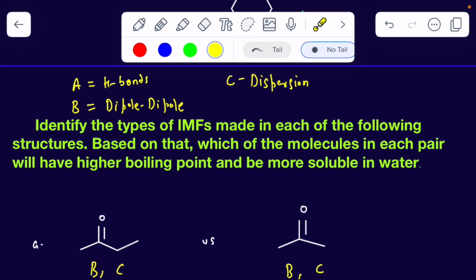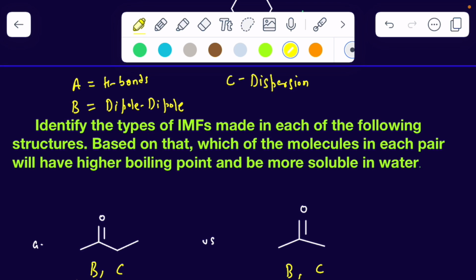However, the difference is just the carbon chain. On the left side, you have a slightly longer carbon chain, two carbons, and only one carbon on the right molecule. As a result, the compound on the left will be making a greater amount of dispersion forces, or larger dispersion forces.